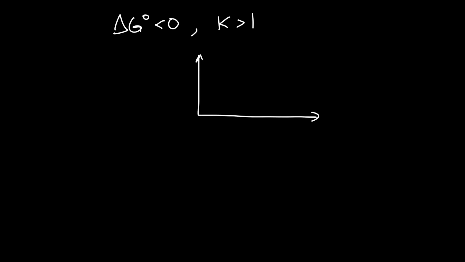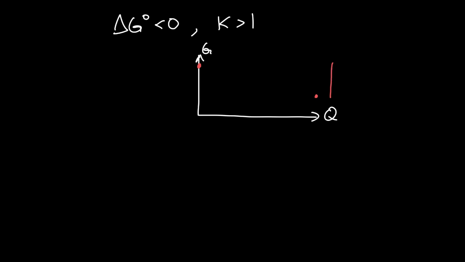So what are the implications of these two equations? One implication is if delta G standard is very negative, which we saw is the sign of a favorable reaction, then the equilibrium constant will be extremely large. If we plot G versus the extent of the reaction Q, we see that if delta G standard is very negative, over here are our pure reactants and over there are our pure products, which are much, much lower.